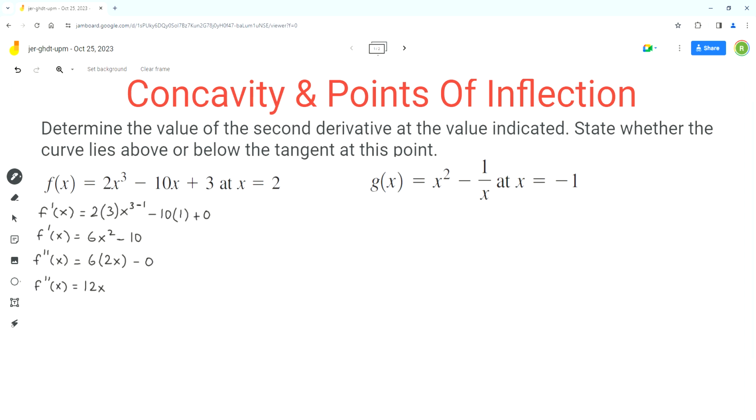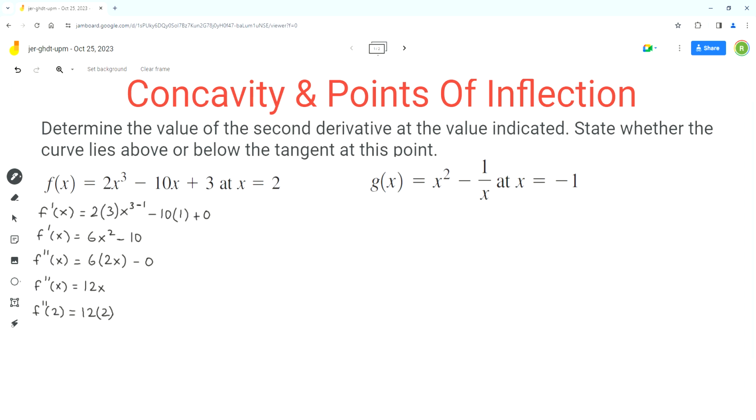Now we can find the value of the second derivative by subbing in x as 2 in this equation. So f double prime of 2 is equal to 12 times 2, so we sub in x as 2.